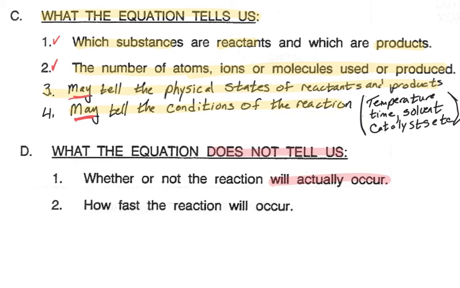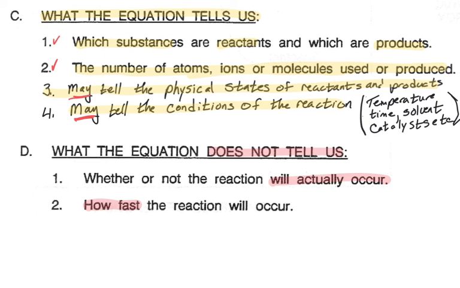And the second thing that it does not tell us is how fast the reaction will occur. There are some reactions that will occur as written, but they may take 1,000,000 years as they're written. So sometimes we have to add that catalyst to make it go faster, and sometimes it'll just never really happen in our lifetime. There are other reactions that will happen as soon as you add them together.